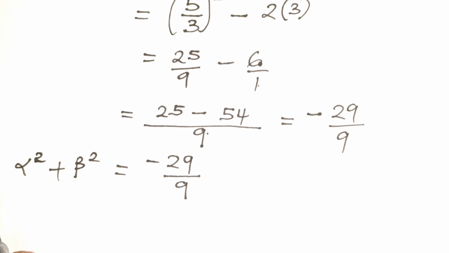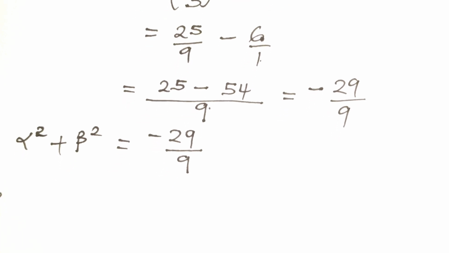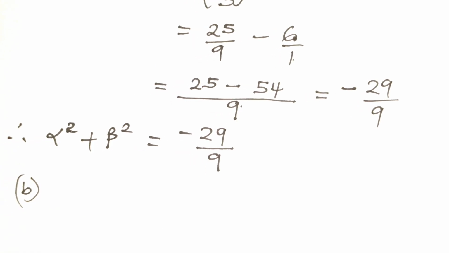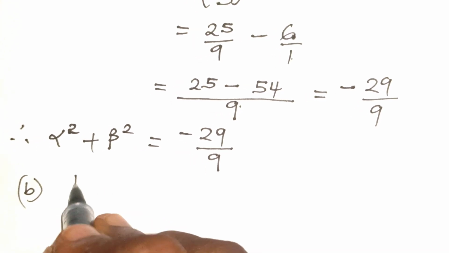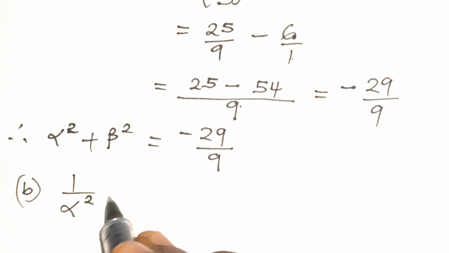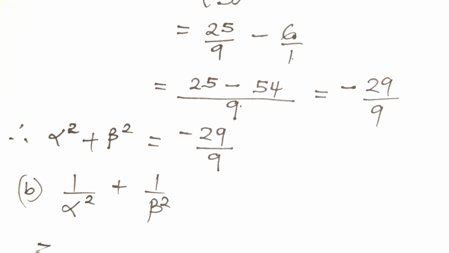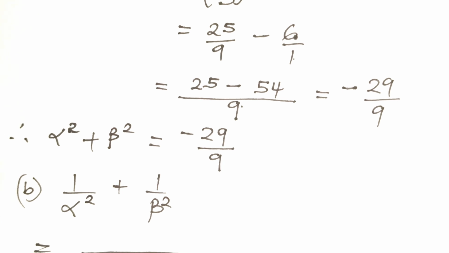The second part is to find the value of 1 over alpha squared plus 1 over beta squared. We are going to add here. We will add using the LCM. The LCM is alpha squared times beta squared.